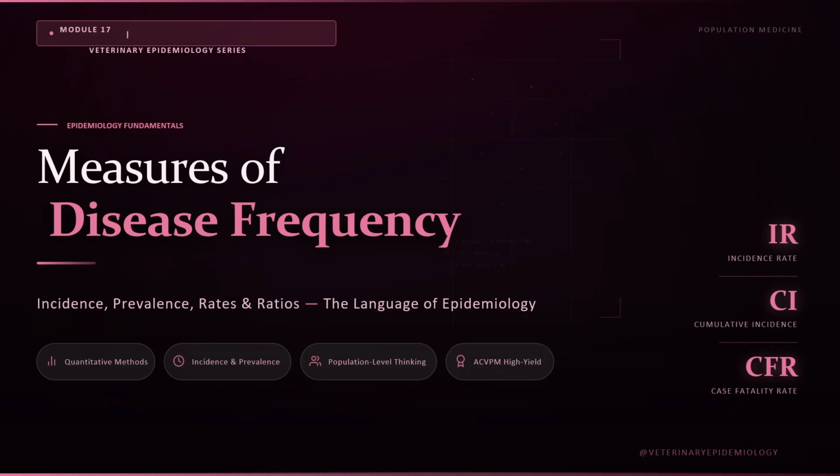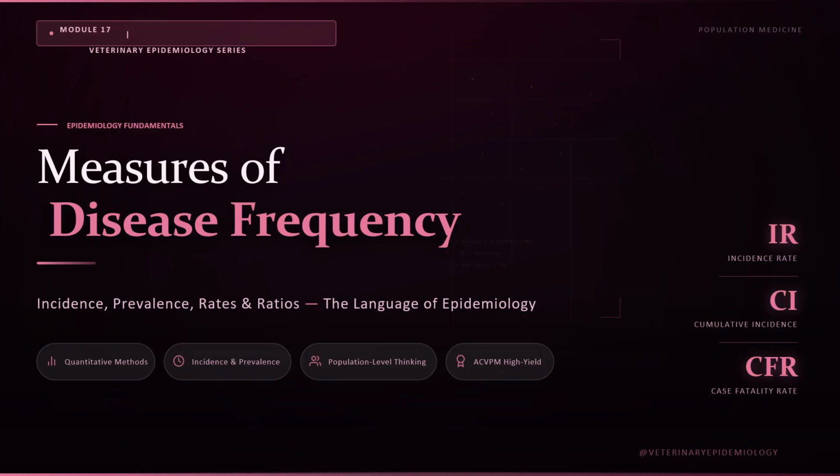Now, and this is critical, prevalence and incidence answer very different questions, and they have very different planning implications. Prevalence tells us the existing burden of disease at a given moment or period. It's most useful for planning services, estimating treatment needs, or describing the current state of a herd.